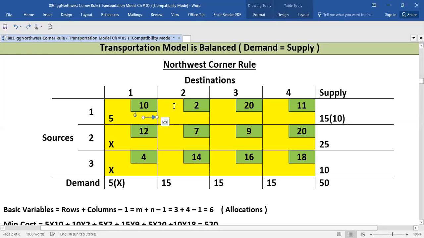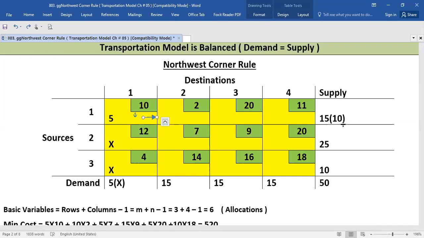How? Here we again repeat those three steps as I told you in the first allocation. What were these three steps? You will check here that the demand is 15 and supply is 10. Now what should we do?